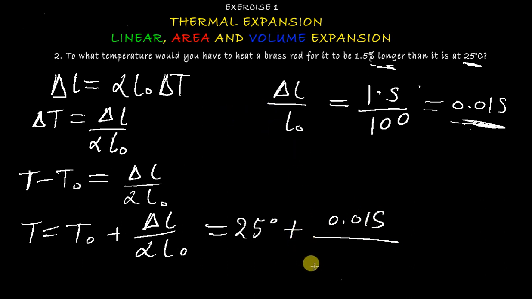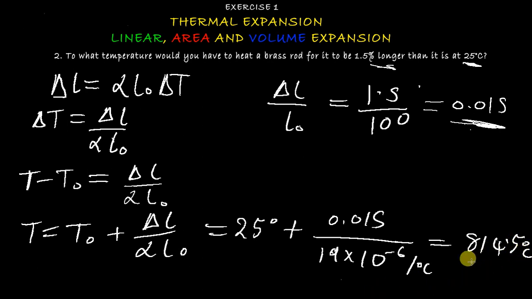The alpha of brass, when you check the table, is somewhere around 19 times 10 to the power negative 6, and the units are per degrees Celsius. When you divide this, you get your answer to be something like 814.5 degrees Celsius. So this is the temperature that they wanted you to find. Let's move on to the next question.